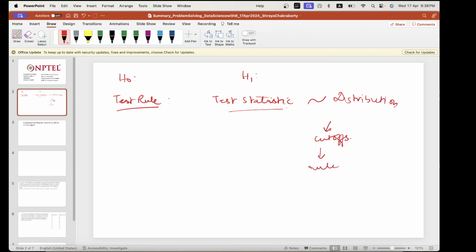All right. This was the overarching pathway or trajectory of conducting a test of hypothesis.